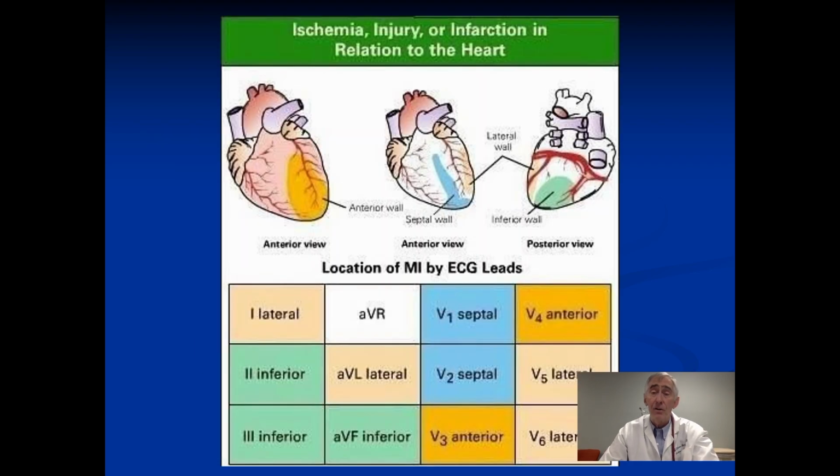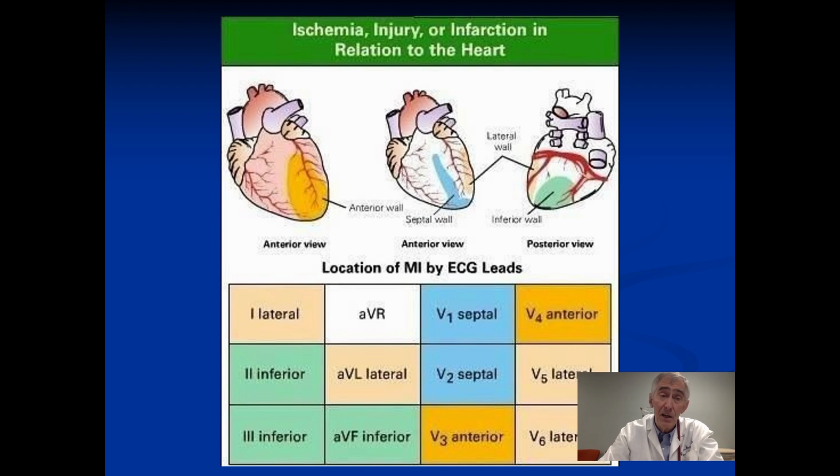Now, the American Heart Association has set up this diagram, which was borrowed here, and it demonstrates that a lateral MI or a LAD occlusion will give you ST elevation in 1 and AVL, but it will also give you septal infarction here in V1 and V2, and V3, V4 is anterior, and V5, V6 is lateral.